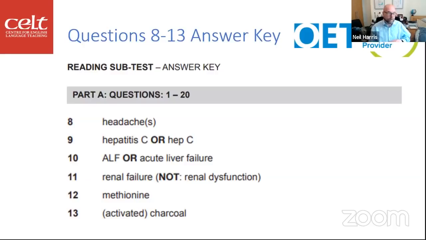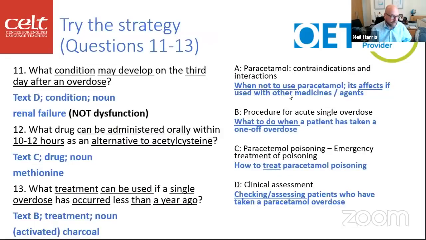Just wanted to come up with one point. Again, apologies for the probably terrible pronunciation of the name. Sweet Zin Halang, you've suggested gastric lavage and activated charcoal. Careful here. Notice that the clue is in the question. What treatment, not treatments.